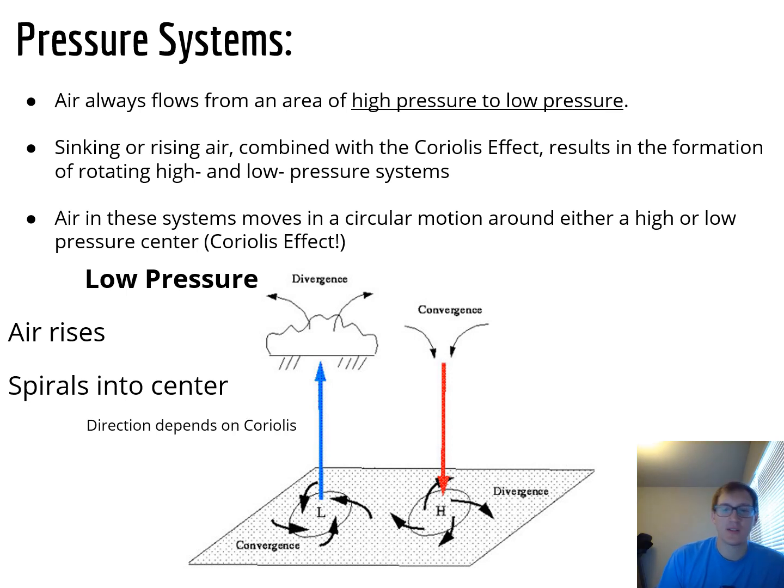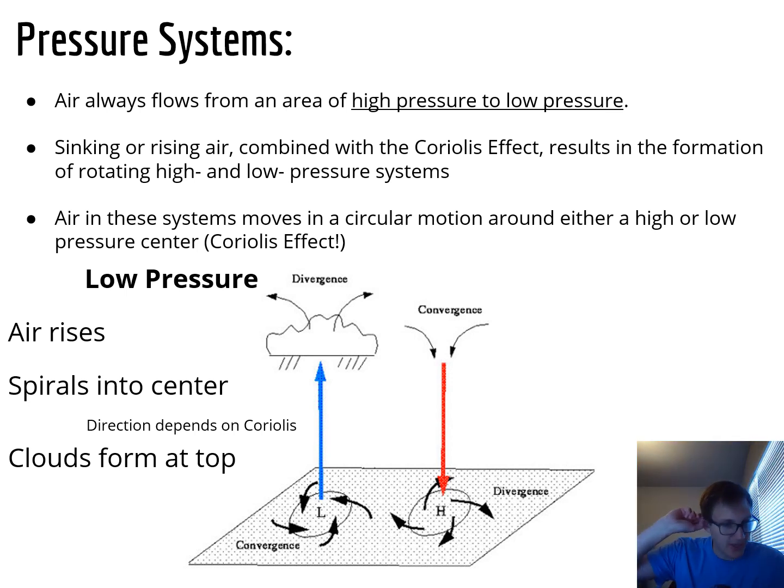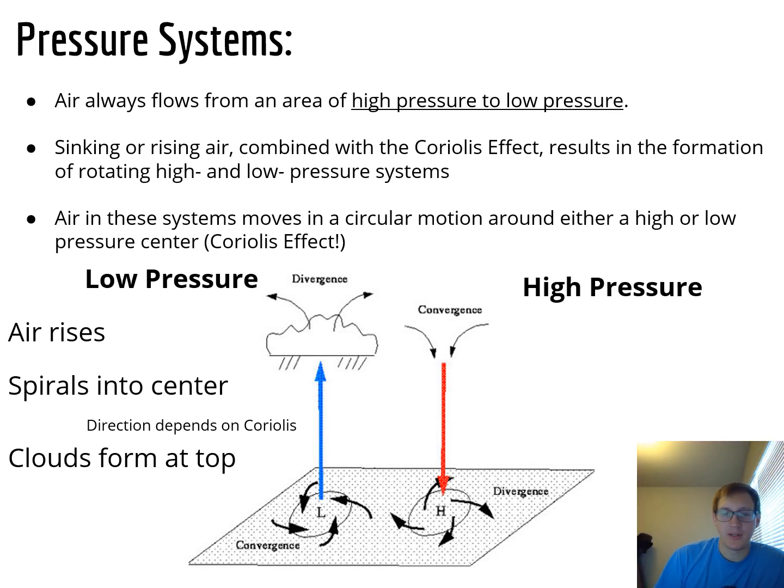Clouds form on the top, that's when we have rain, that's when we have tornadoes. You can kind of see how this would form a tornado just by looking at it. If you can see the spiral inward, that's what's happening.